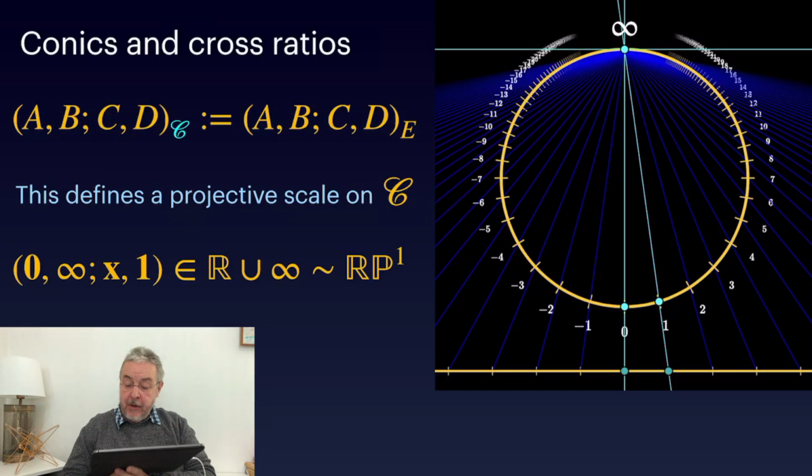So I wrote a little computer program that shows how these points of my projective line correspond to the points on my conic here. So I made an equidistant subdivision of the line here, and I projected those points stereographically to the conic, and you immediately get a corresponding scale on the conic.